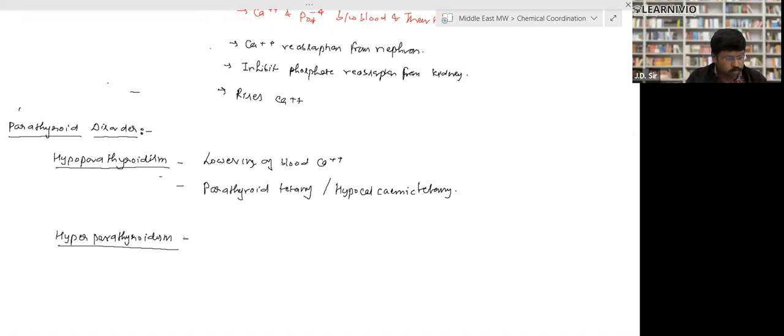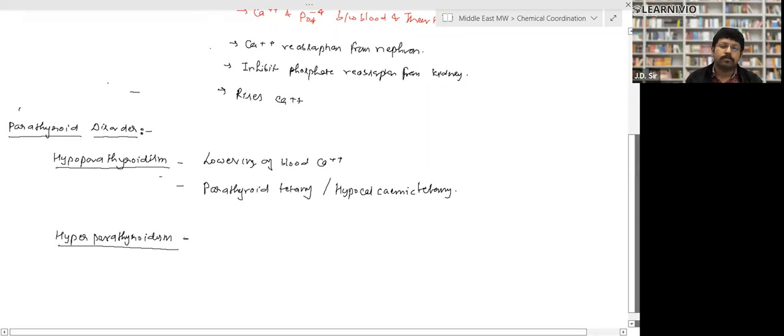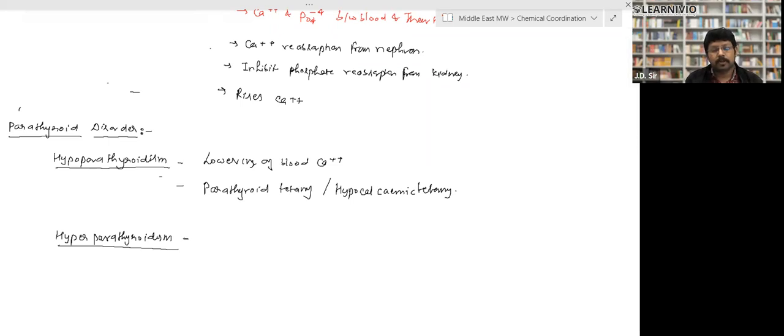Excess of hormone draws more calcium from bones. Full stop.